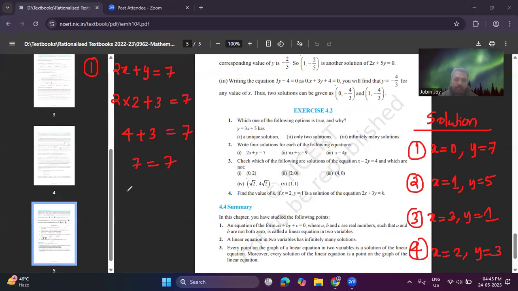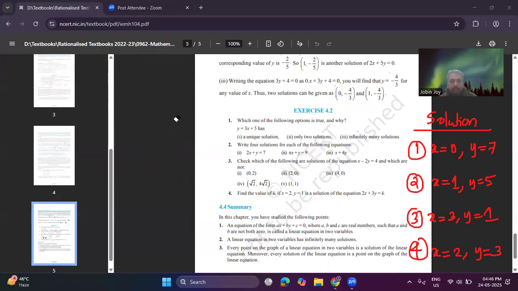So 7 is equal to 7. That means LHS is equal to RHS. So these are the four solutions of the first equation. Next, we are going to try the second equation.